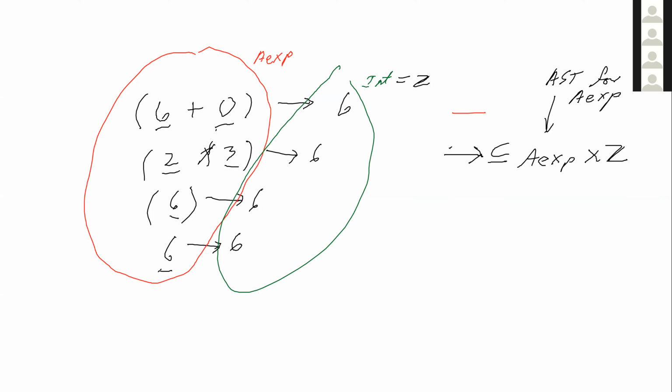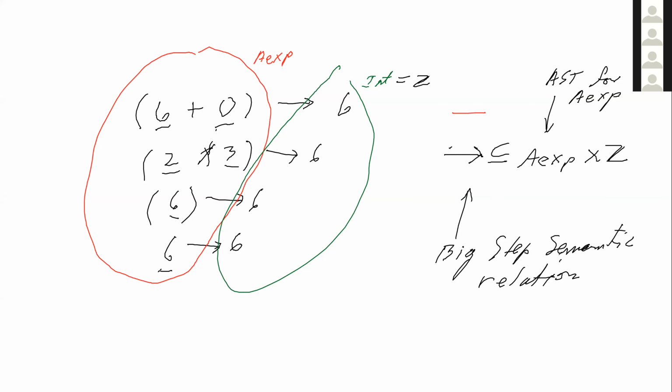So, naming this thing here, this is big step semantics. Relation. You really need to think about this thing as a relation.